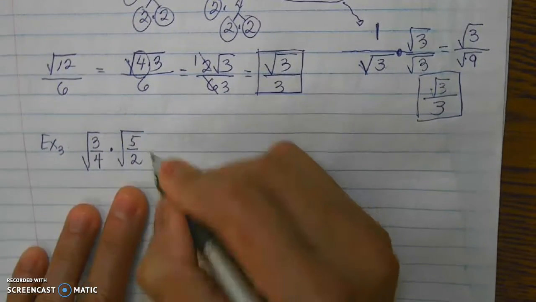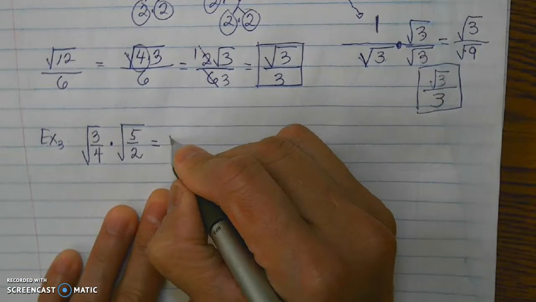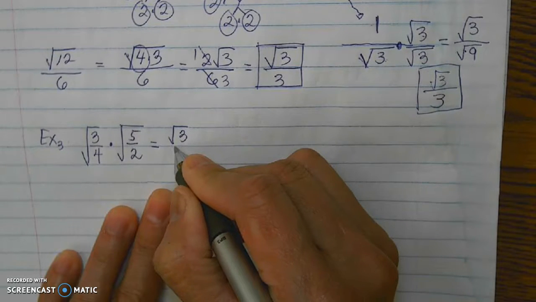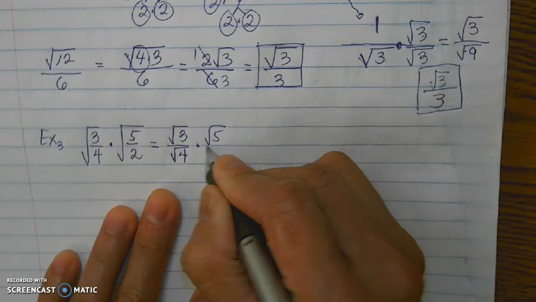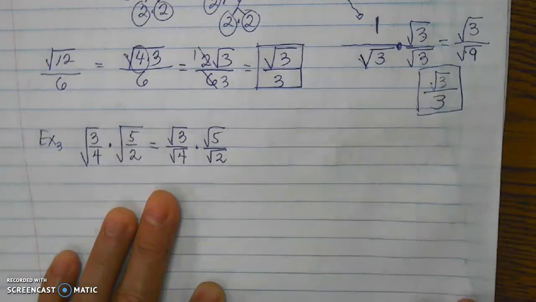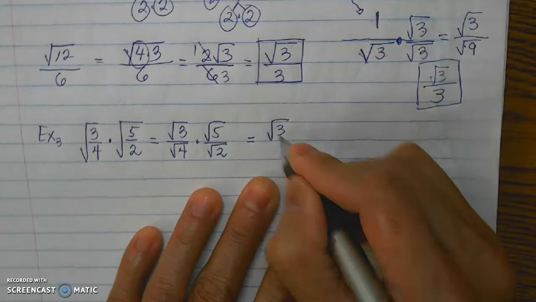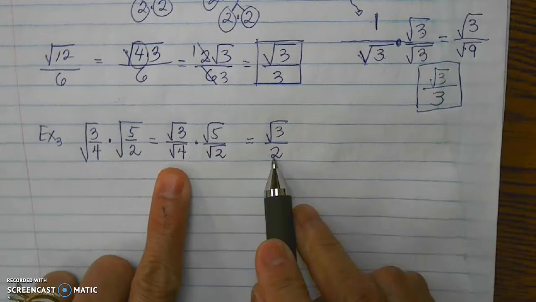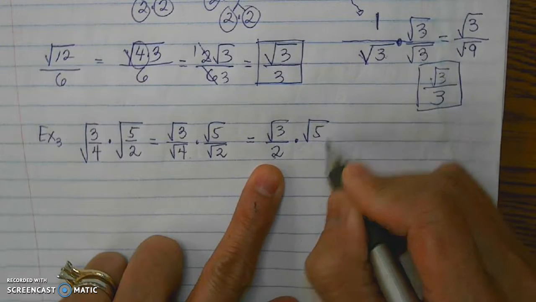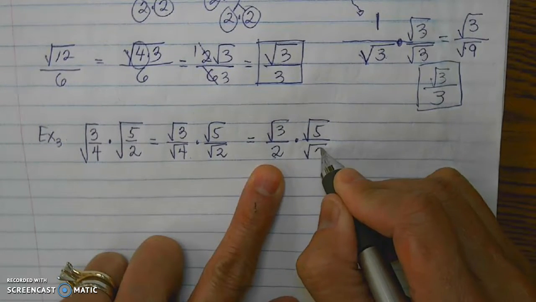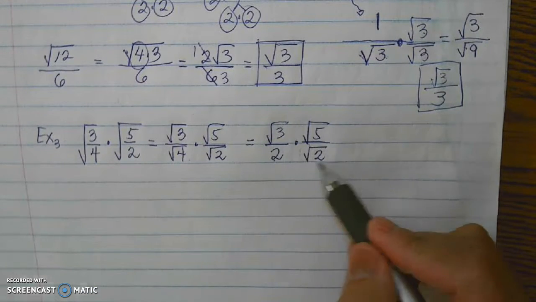We all know that this is square root of 3 over square root of 4 times square root of 5 over square root of 2. And we know that that is square root of 3 over 2, so that's a 4, perfect square, times square root of 5 over square root of 2. Okay? This is what we're trying to remove.